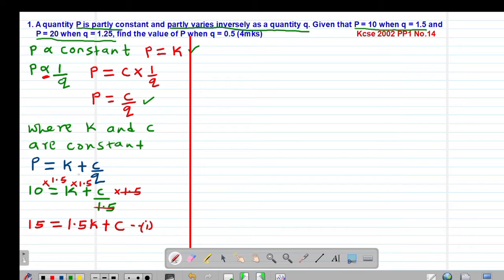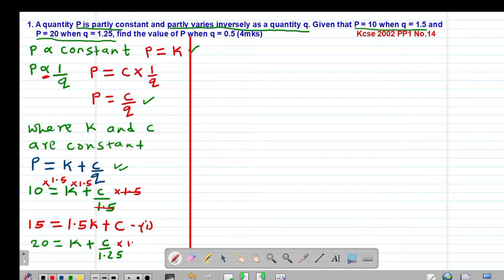Therefore, I'm going to substitute. P is 20, so the equation will be 20 being equal to K, which is a constant, plus C, which is also a constant, divided by the corresponding value of Q when P is 20, which is 1.25. So 1.25 is the LCM, so I'm going to multiply through by the LCM so that I can do away with the fraction.